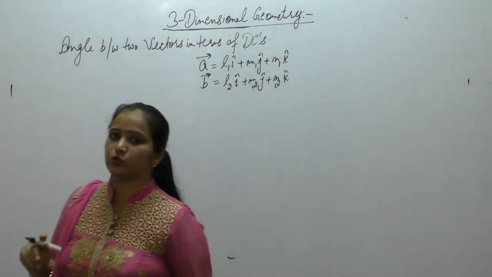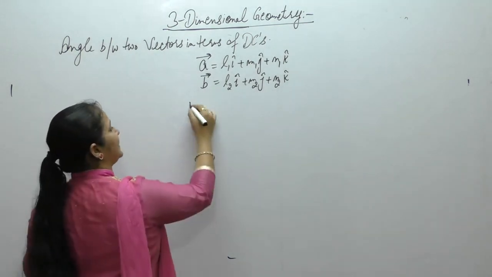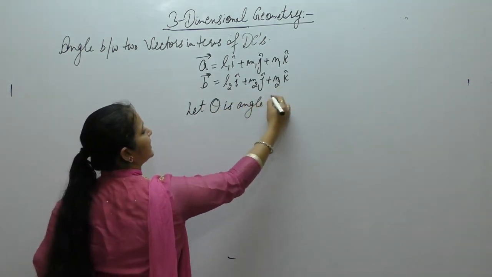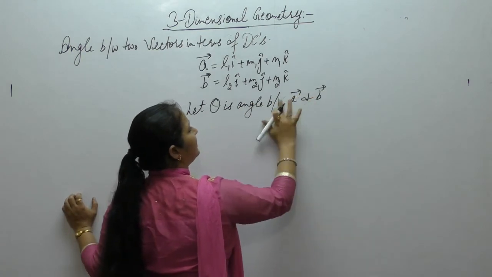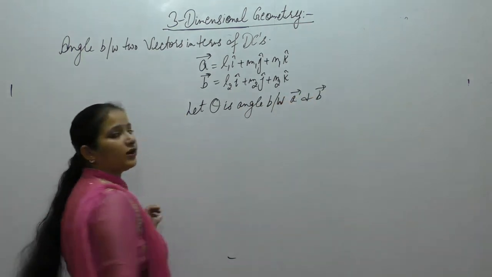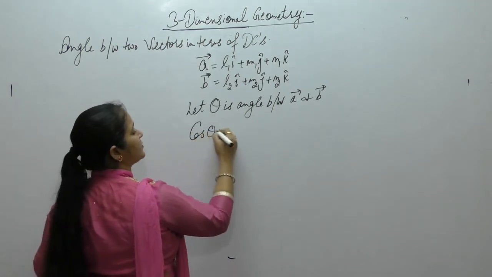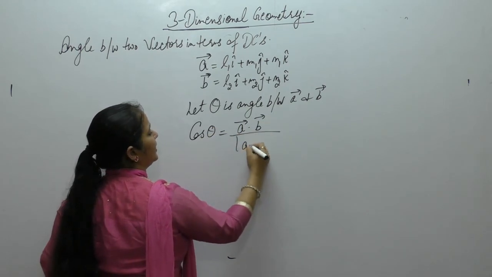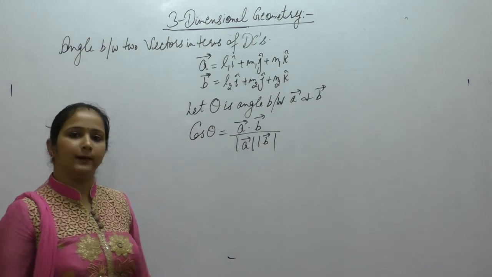I have these two vectors and I want to find the angle between them. Let theta be the angle between A vector and B vector. Then cos theta is equal to A vector dot B vector upon magnitude of A, magnitude of B.